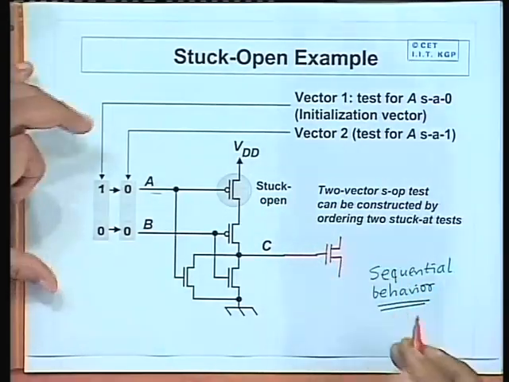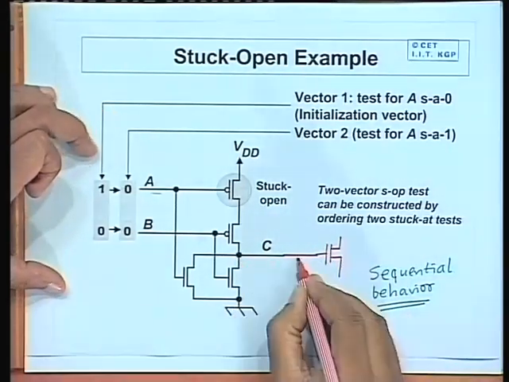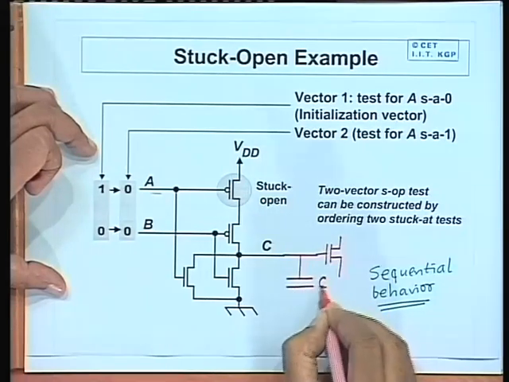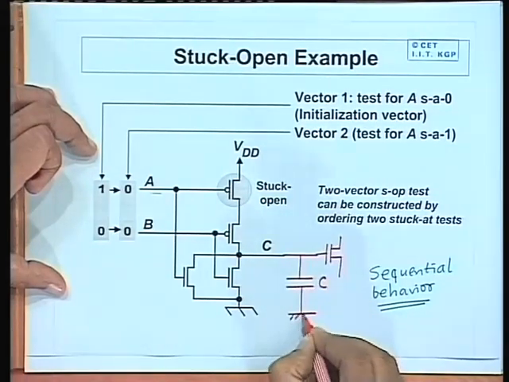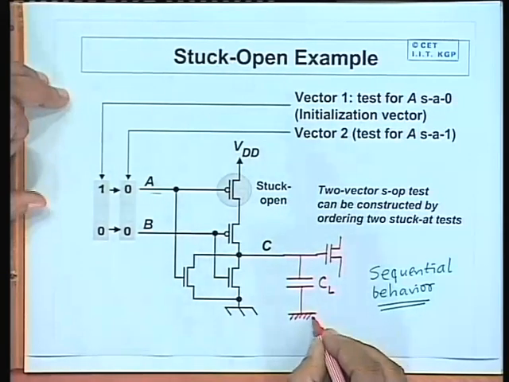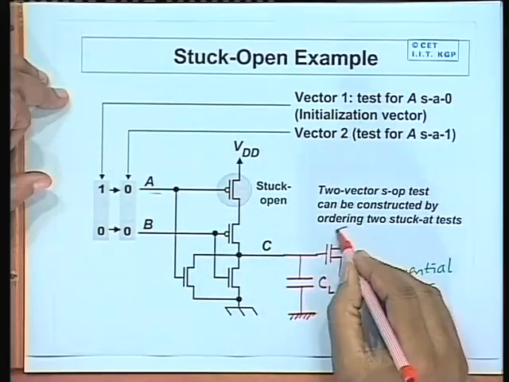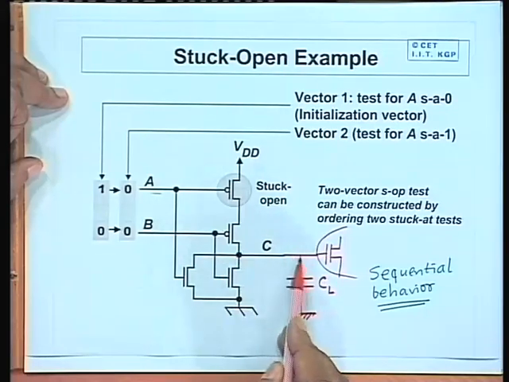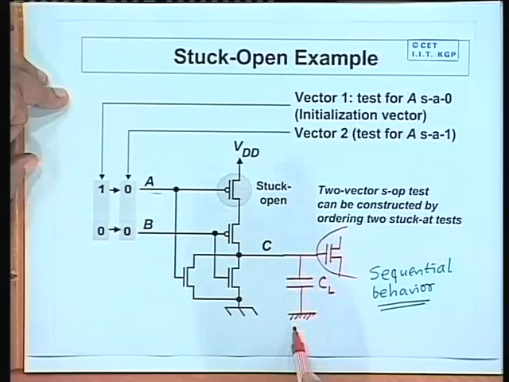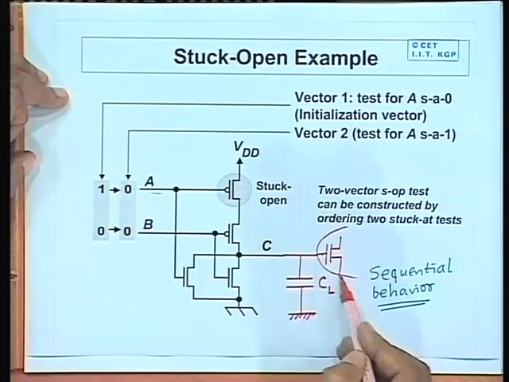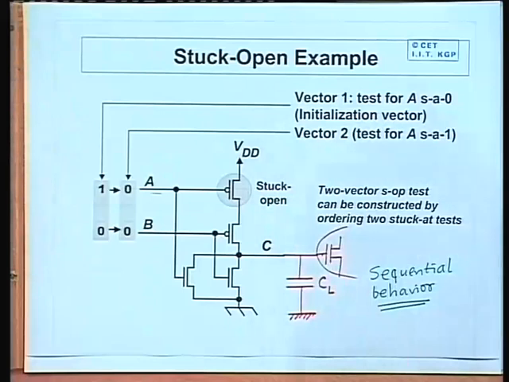So equivalently we can say that the output is driving a capacitive load, say CL, this is a load capacitance. So you ignore these transistors. Now equivalently you can say that the output has a load capacitance connected to it. This load capacitance is actually the gate to ground capacitance, gate to drain or source.